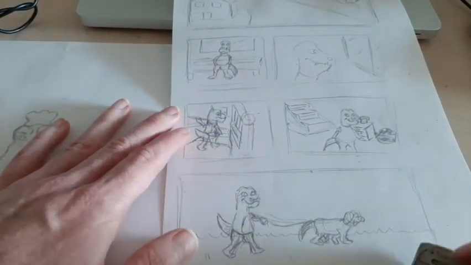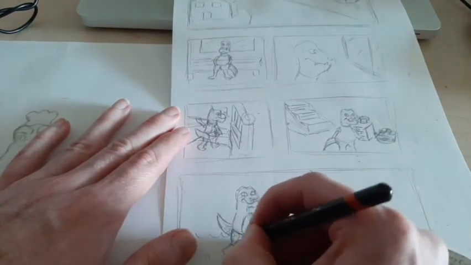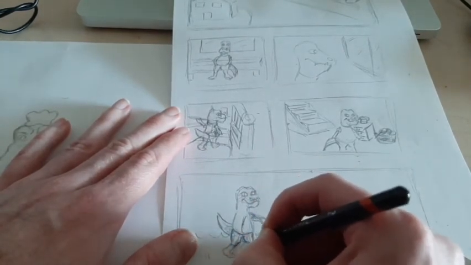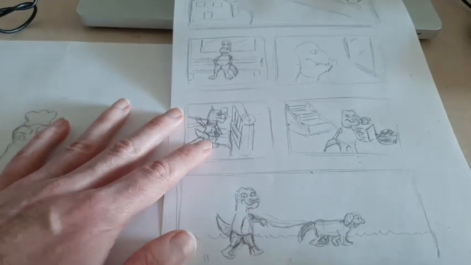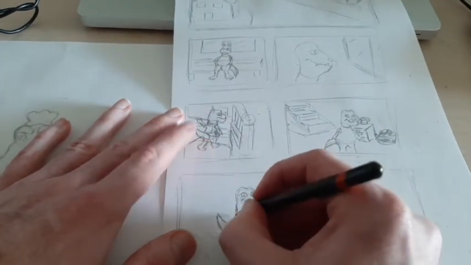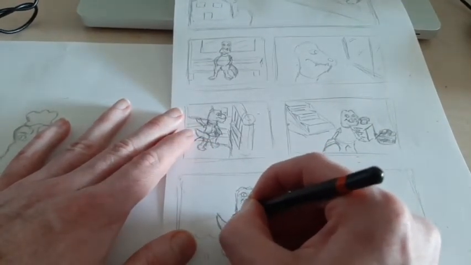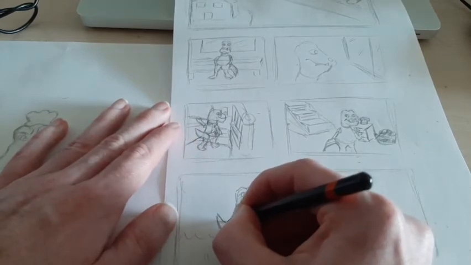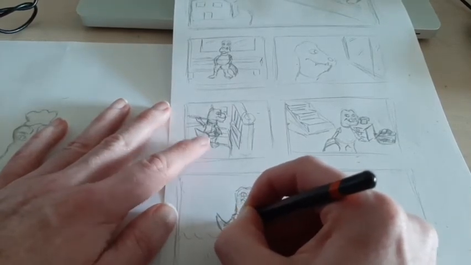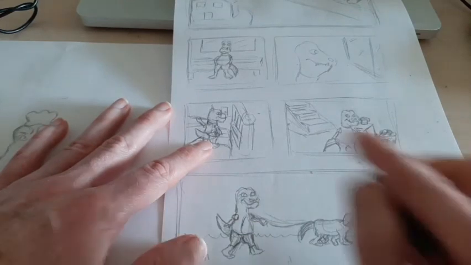Some trousers. Maybe some shorts. Yeah, I think shorts. Although it's a bit cold out at the moment, so... But, you know... I'm not wearing shorts currently, but our dinosaur character is.